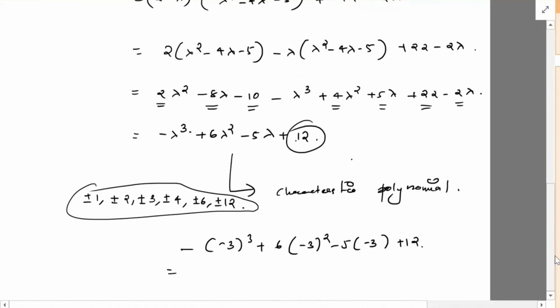Minus 3 is also not a root. What about 4?